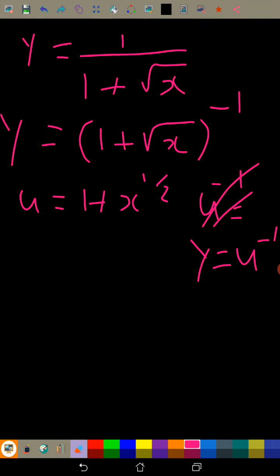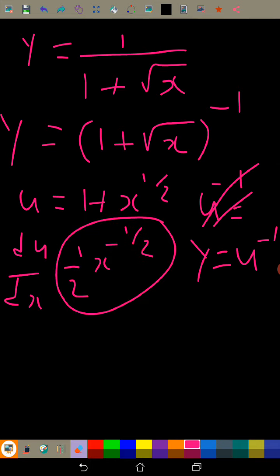Yep. So if I differentiate, du by dx, I will get half x to the minus half. And if I differentiate, dy by du, I'll get minus u to the minus 2. So if I multiply this by that, I will get dy by dx.